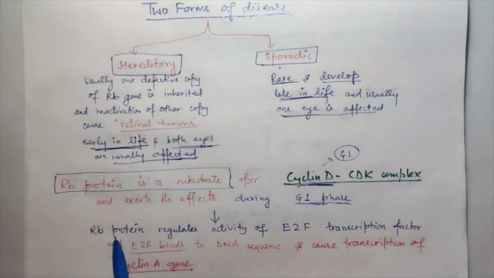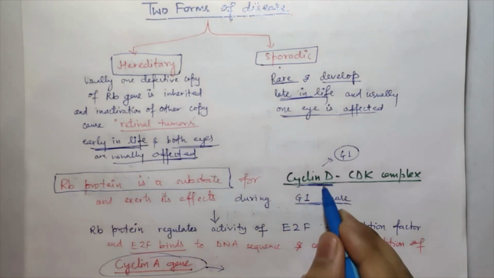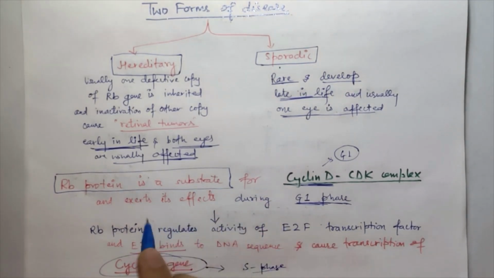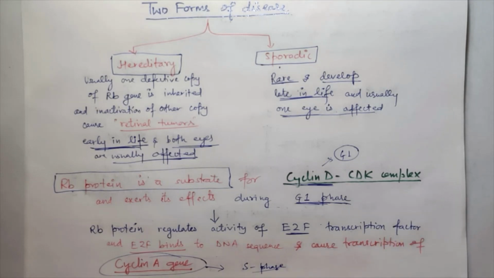Here the retinoblastoma protein regulates the activity of a transcription factor that binds with a DNA sequence and causes transcription of other types of cyclins, that is the cyclin A gene, which subsequently leads to the transition from G1 phase to S phase. But how does the RB protein work? It binds with the E2F transcription factor and leads to expression of the cyclin A gene, and subsequently active cyclin A is synthesized.